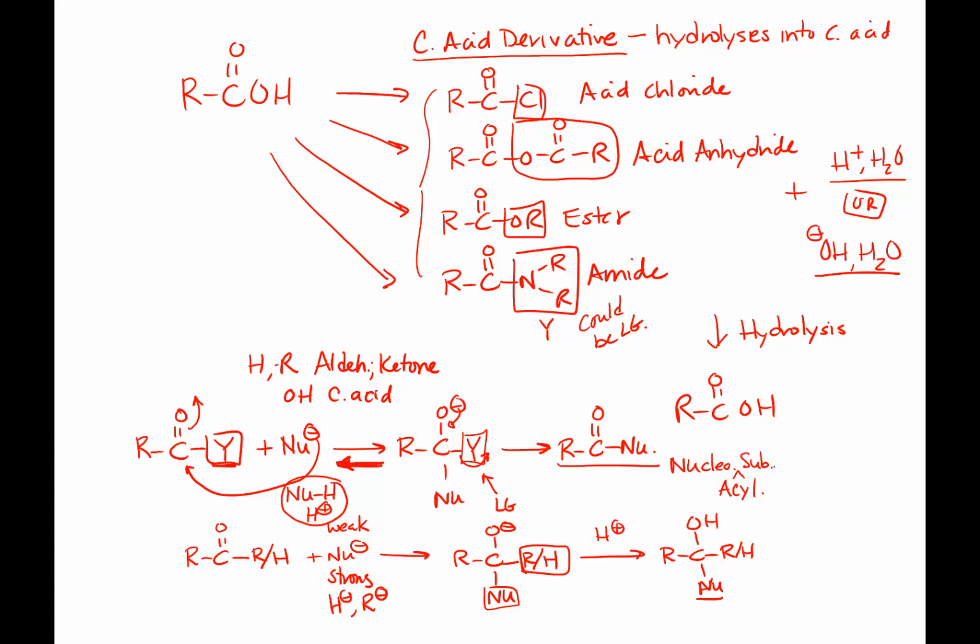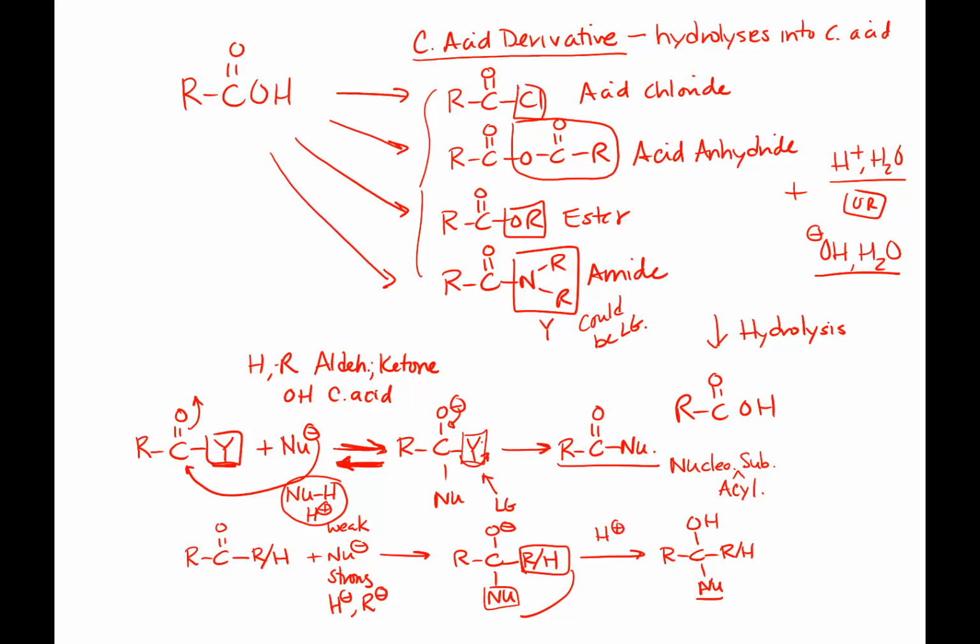Aldehydes and ketones, we never did that last step because there was nothing down here that could leave. When we added weak nucleophiles, we just, again, spent our time going back and forth here in the equilibrium, but we never lost the Y group because it was a carbon or hydrogen. Now what's going to happen when we get to forming these carboxylic acid derivatives is that the Y group can leave.